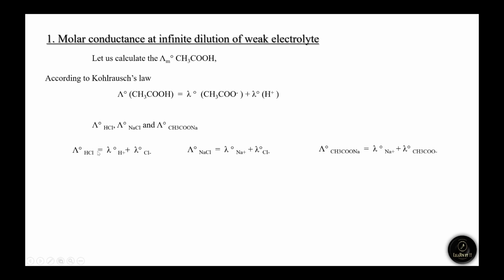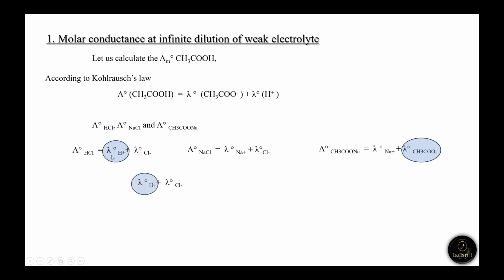So we have applied Kohlrausch law to all these strong electrolytes. We can rearrange them, like this one contains H plus ion, this one contains acetate ion. If we combine both of them, we are going to get the molar conductance at infinite dilution of acetic acid. So how to do it? Let's rearrange them.